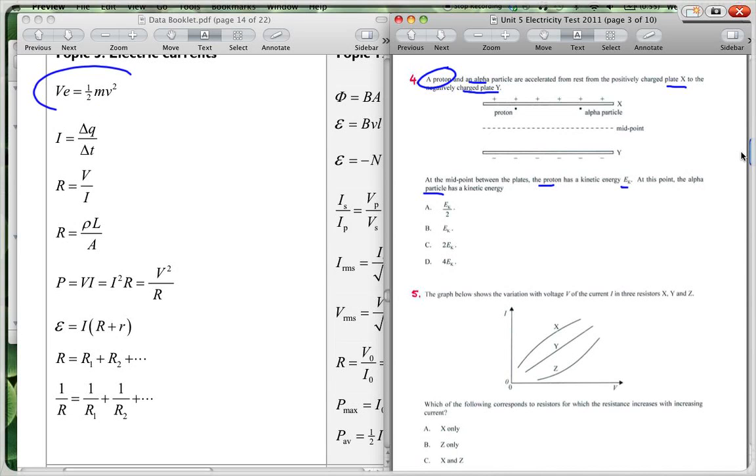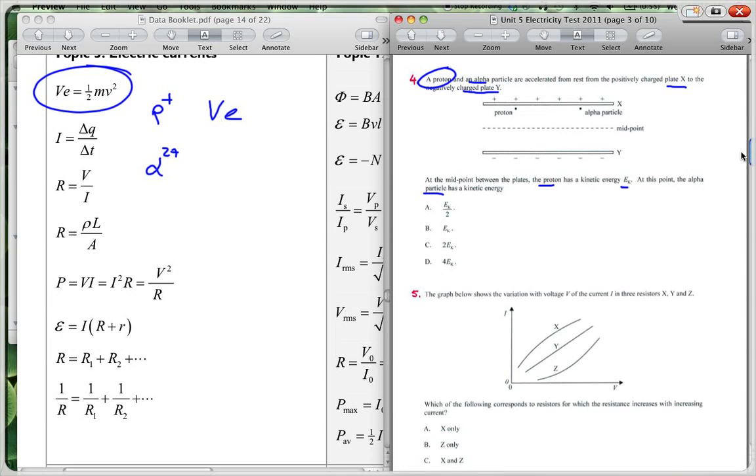Now, we're actually using this formula over here, that our VE is equal to a half mv squared. So the potential difference, this V, so let's have a look. We've got our proton and we've got our alpha particle, which remember is 2 plus. This is going to be VE, which gives our kinetic energy.